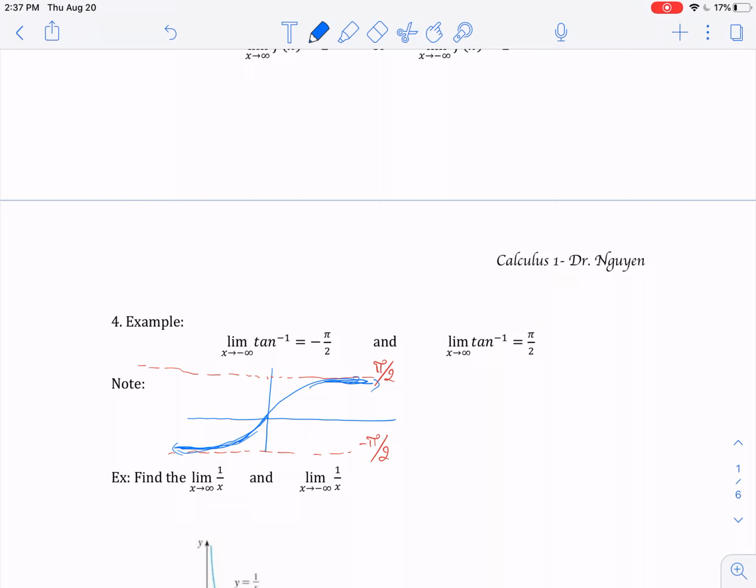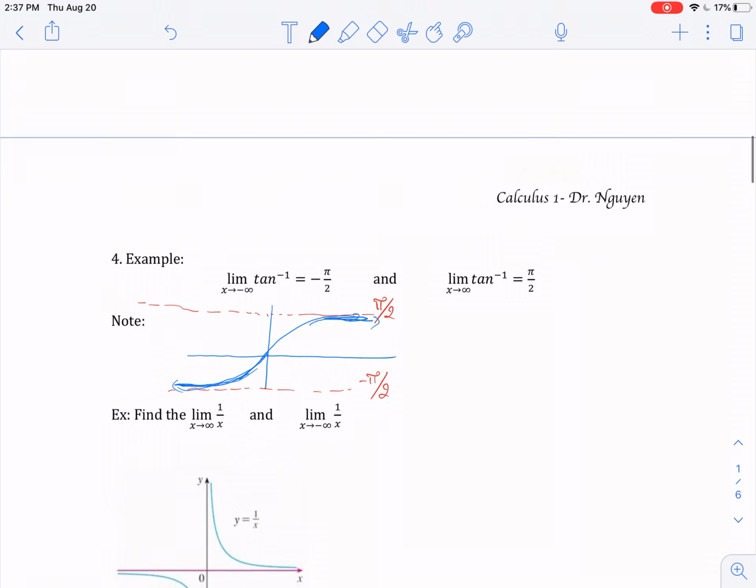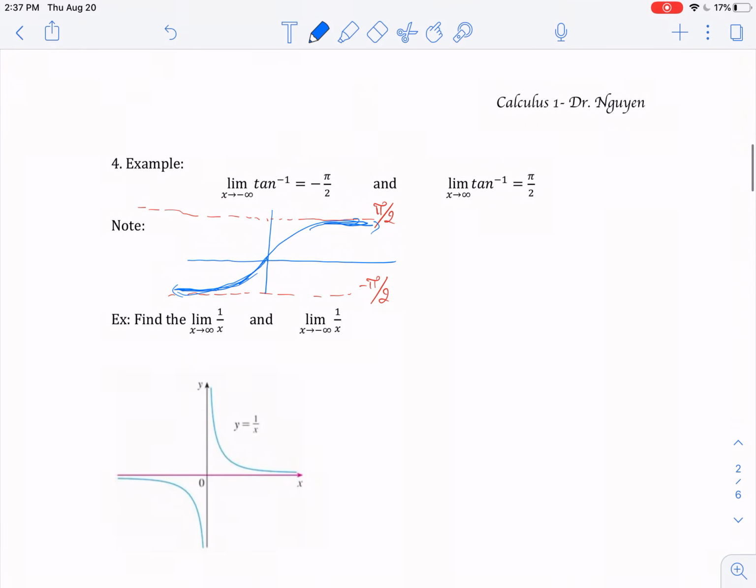Now, let's take a look at our current example. We want to find the limit of 1 over x as x approaches infinity, and the same function when x approaches negative infinity. Now, if you look at the graph, when x approaches infinity, what happens here? You see it's approaching 0.